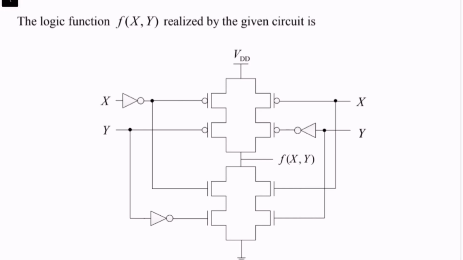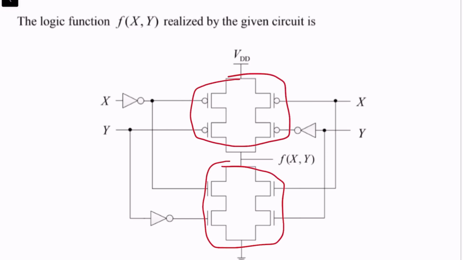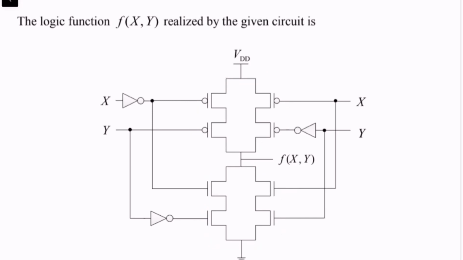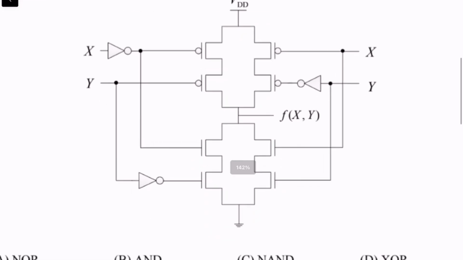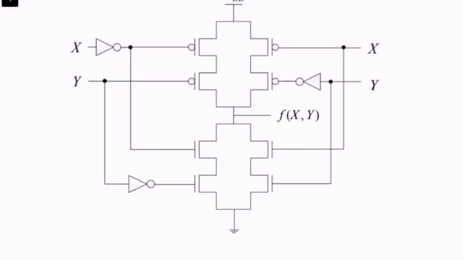So in this circuit, we have an implementation of a logic function using an N stack and a P stack, right? So the rule for a logic function on the N stack is if this transistor is on and this transistor is on, then obviously since this is ground, this ground comes over there.